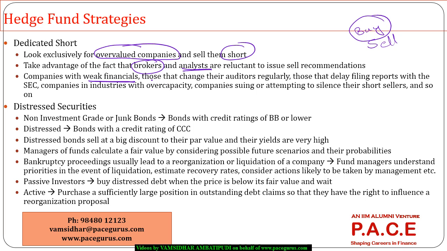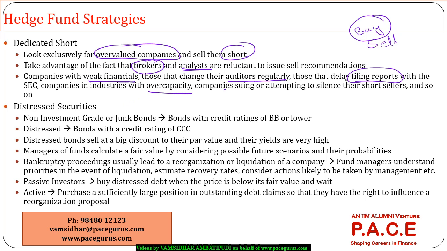Companies whose auditors change quite frequently, they identify these as very overvalued firms. Companies which frequently delay the filing of their financial statements are also treated as overvalued. These are the ones where they would like to go short.